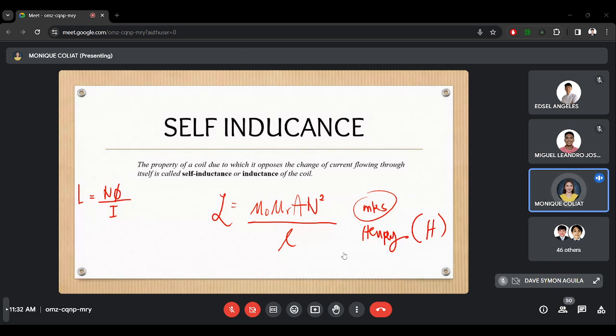We also have L equals N squared over R total, where R total is the total reluctance, and N is the number of turns, squared. All of these are in Henry. Whether MKS or CGS, Henry is the unit.